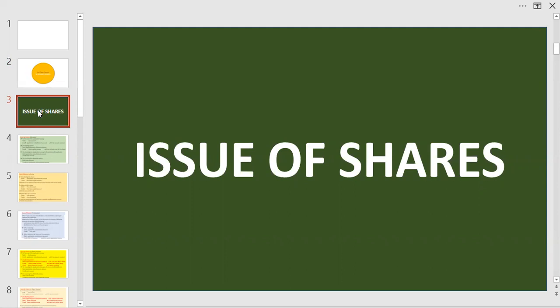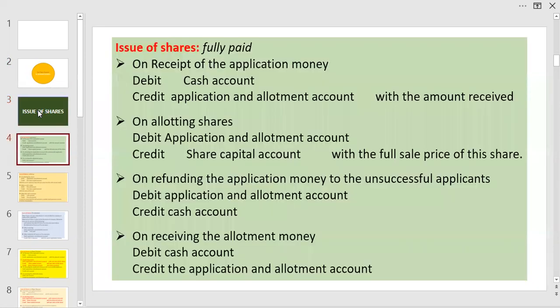Issue of shares as fully paid, 4 steps. Usually a part of the money only will be called as application money. It will be debited to cash account, credited to application and allotment account. Step 2. On allotting the shares, debit application and allotment account, credit share capital account with the full price of this share.